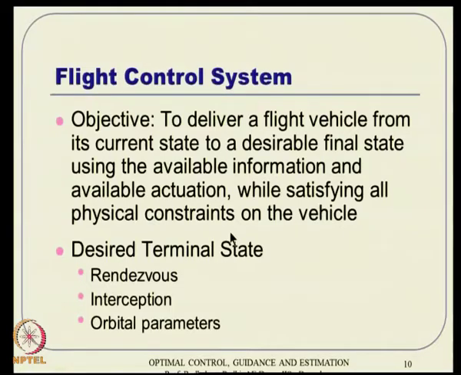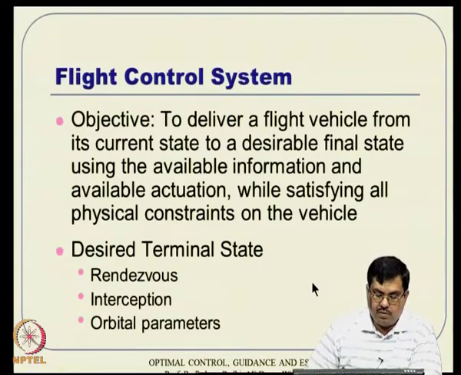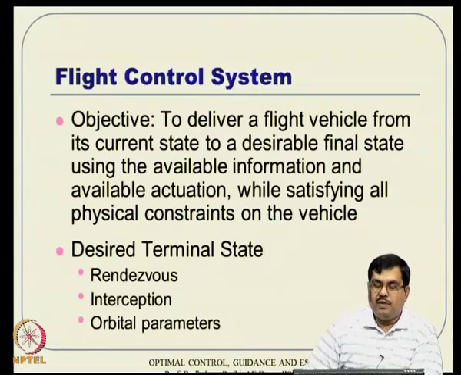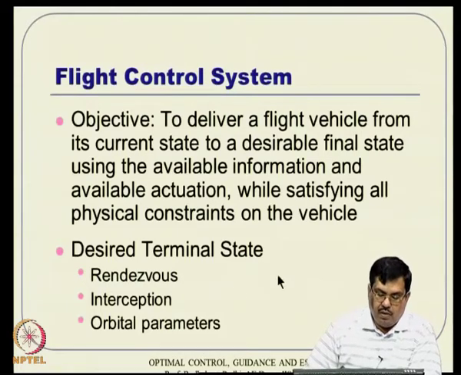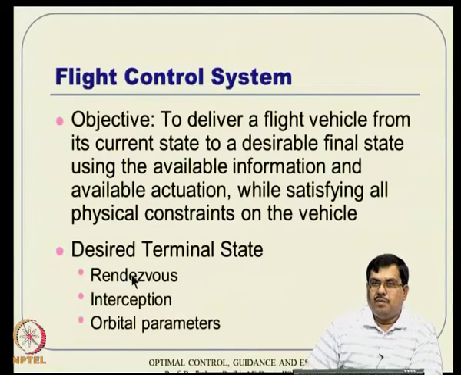Alright, so that is the objective. Then, what are the desired terminal states? There can be several applications in different ways. One can be simply rendezvous problems, where things can simply come and join together and continue to go together. That means, in position sense they will be very close to each other, but in velocity sense there is no relative velocity between them. So, they continue to coexist. Very good applications are, for example, aerial refueling and formation flying control.